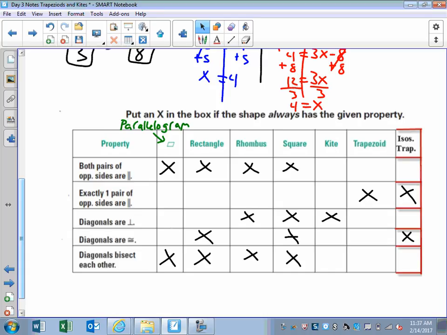If it's true for a rhombus or a rectangle, it's also true for a square because a square is a rhombus and a rectangle. And a trapezoid has one pair of opposite sides that are parallel, and so does an isosceles trapezoid, just to recap. I'm going to actually do a separate video that has the problems worked out.